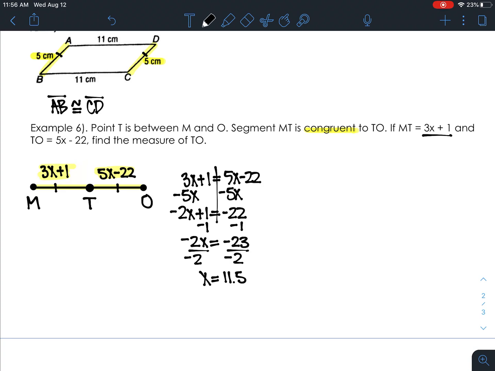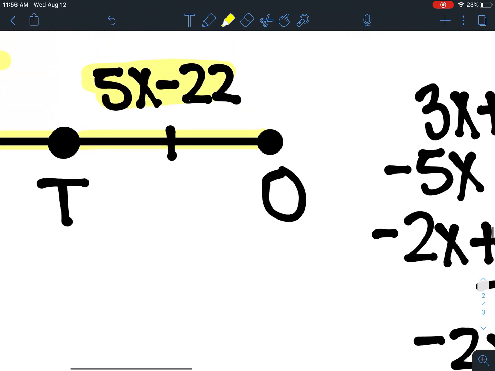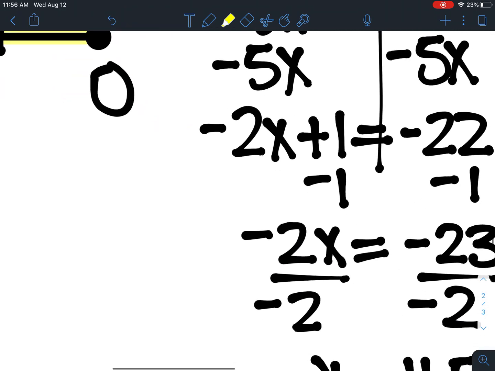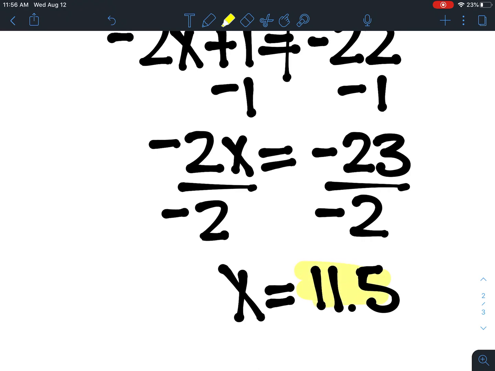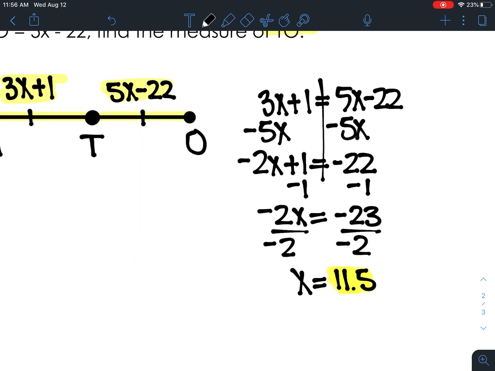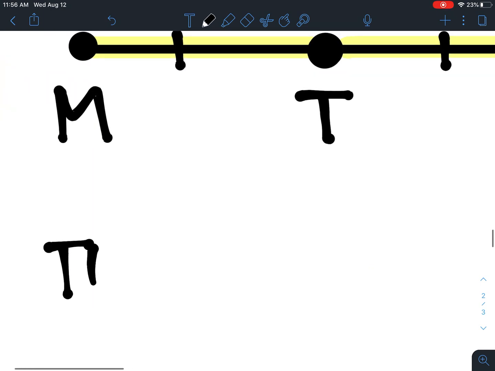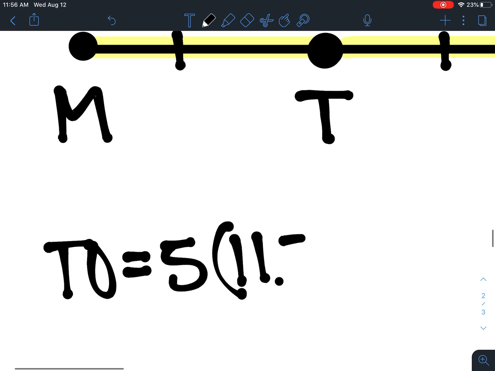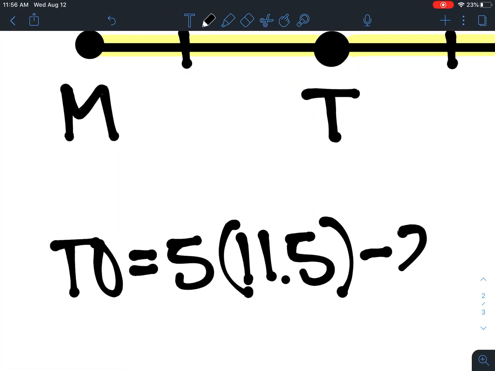Now, the last little bit says to find the measure of TO. So how are we going to do that? Well, we have the expression for TO, which is 5x minus 22. We have what x is equal to, so I'm going to take that 11.5 and plug it in. So TO is equal to 5 times 11.5 minus 22.